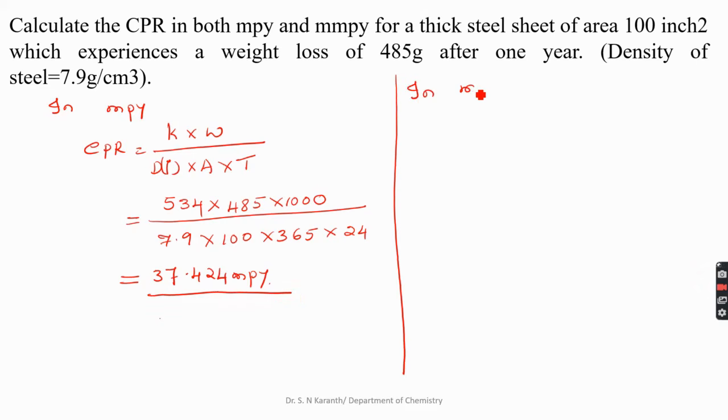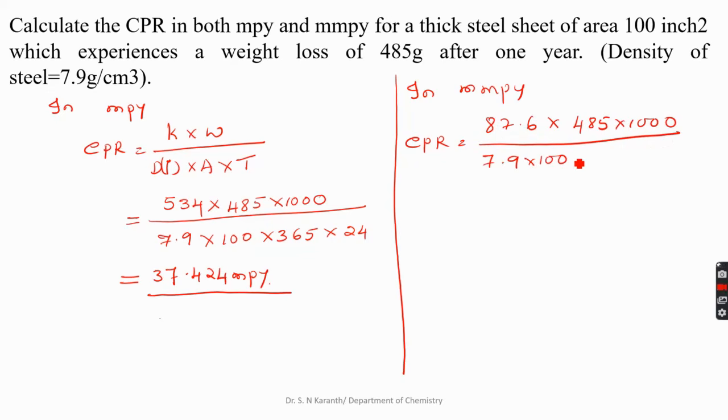So in terms of Mmpy, CPR becomes equal to 87.6 into 485 into 1000 divided by 7.9 into 100.